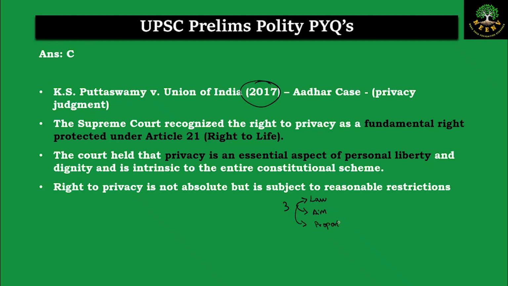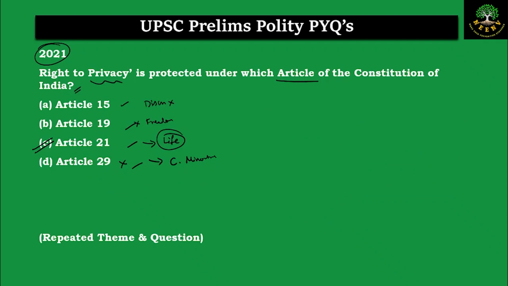So once the act passes all these tests, that is the legitimacy of the law, the aim of the law, and whether the law is proportionate, then the law will be declared as valid even though it is breaching the privacy. So coming back to the question, the right to privacy is protected under Article 21, right to life. Let's move on to the next question now.